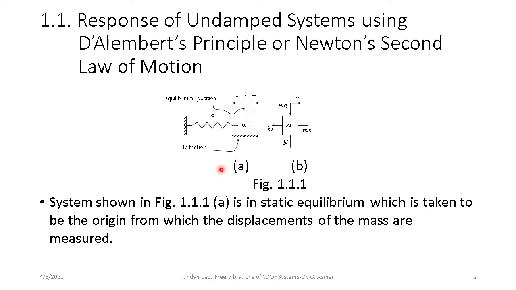Now, what we want to do next is disturb the equilibrium of the system and observe it oscillate horizontally and then analyze the mass as it is oscillating in the horizontal plane here.